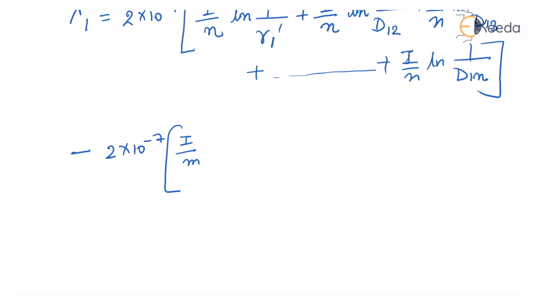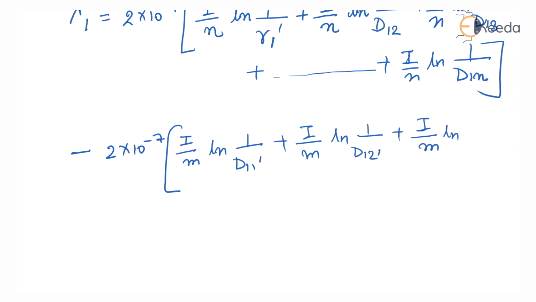This minus is because I by m is minus, ln 1 by d11 dash plus I by m ln 1 upon d12 dash plus I by m ln 1 upon d13 dash up to I by m ln 1 upon d1m.